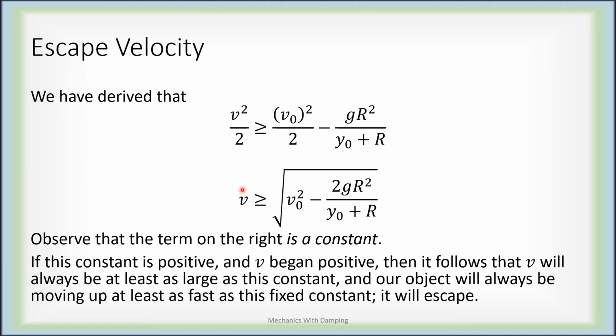So if the velocity for all times is at least as large as a fixed constant, we are always moving up at least that fixed rate. So our velocity does not slow down to zero, and it certainly doesn't turn back around and hit negative values. Our velocity is at least as big as this fixed constant. We are always moving away with a minimum speed.